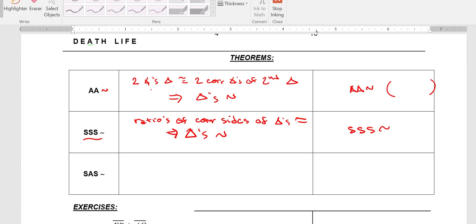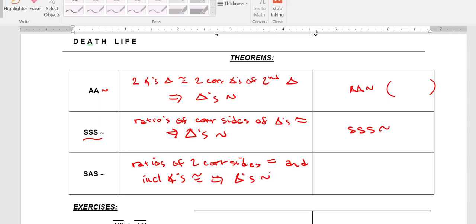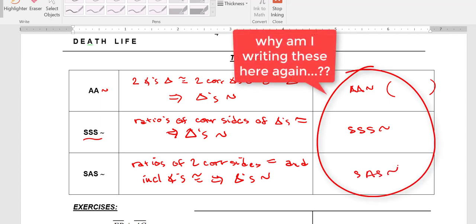And then for SAS, if the ratios of two corresponding sides are equal and the included angles, the angles that are sandwiched between the two sides, are congruent, then the triangles are similar. And again, you can write SAS similarity like that.